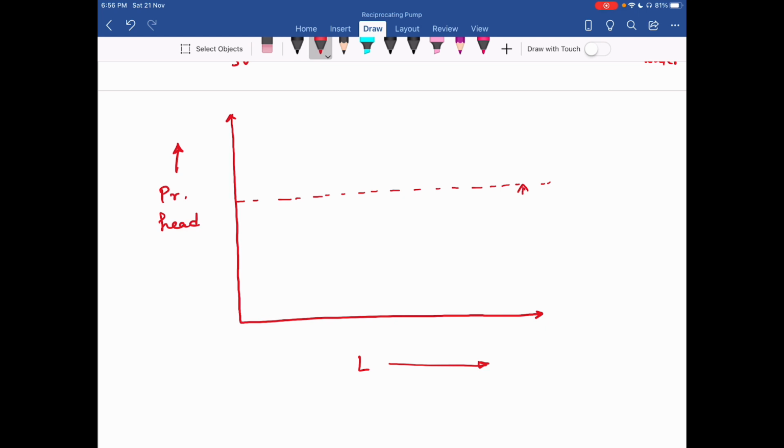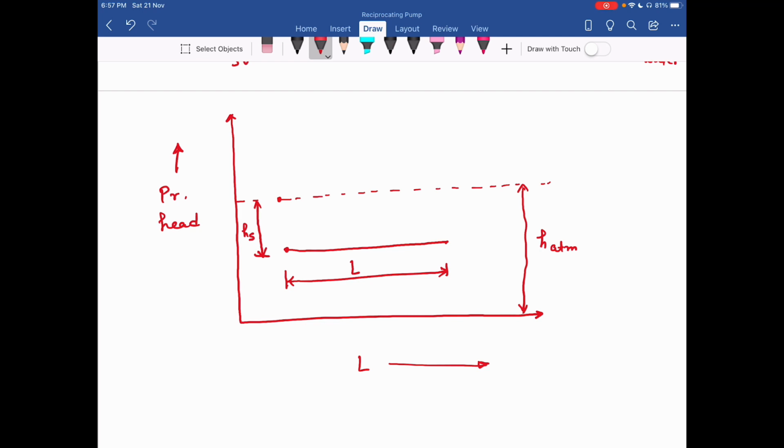So this is the pressure head corresponding to atmospheric pressure, that is my H atm. Now during suction stroke, I start from here. During suction stroke, pressure is less than atmospheric by an amount HS meter of water, and that remains the same during the suction stroke. So this is my stroke length L.